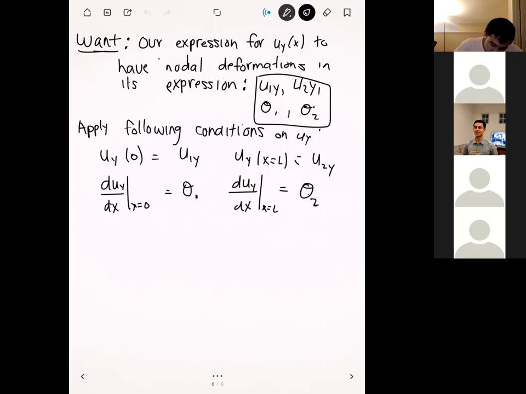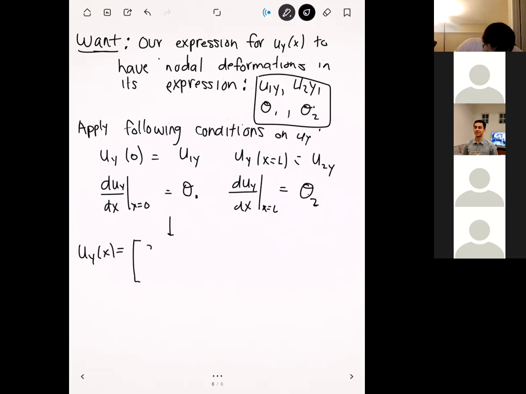Okay. And so if you apply these conditions to our assumed form for uy, then what we get is the following. All right. And so be ready because it's a little bit of a monster here.